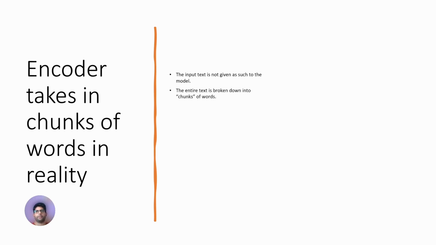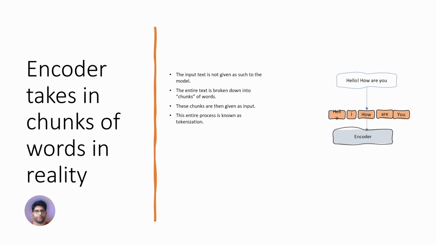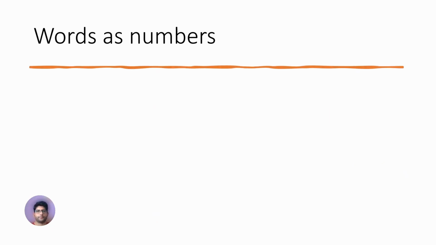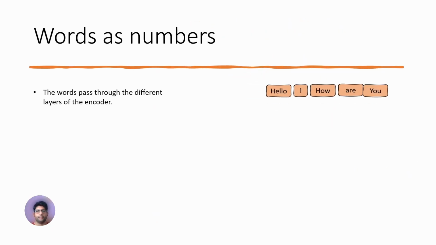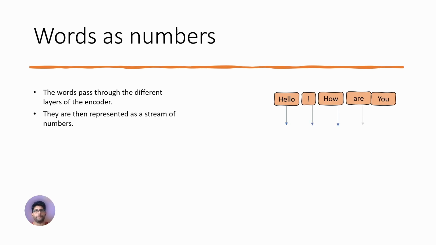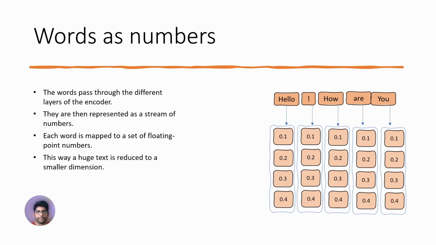Now encoders don't take in the exact text that we give them, but they actually take chunks of text, such that the input text is converted into chunks of words, and this chunking is known as tokenization. The words then pass through different layers of the encoder, and they get converted into streams of numbers, which are otherwise known as vectors of numbers.